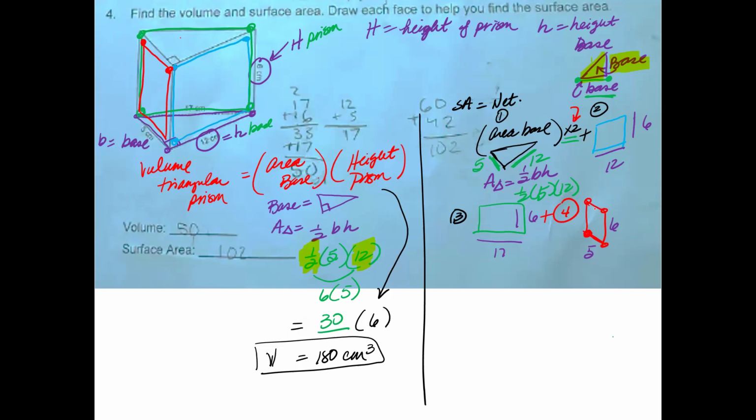Okay, it's like if you have this prism, you gotta take the pieces off of each other, right? That's how you find the net, right? Okay, let's do this. 1/2, 5 times 12. What's 1/2 of 12? 6 times 5 is? Plus 12 times 6 is?